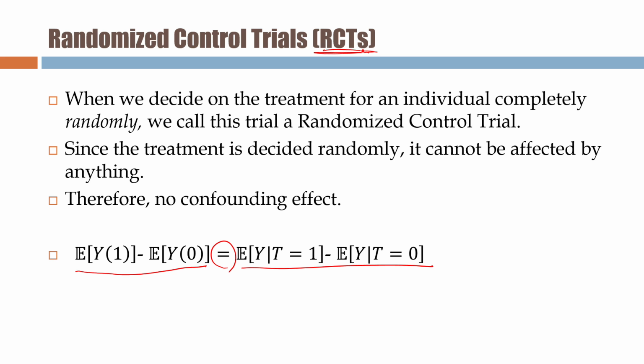So since there's no confounding effect, this is the causal effect plus confounding, but if the confounding effect is gone, then this simply becomes the causal effect. So you can tell, you can calculate this. That's why we want to do the randomized control trial, if it's possible.